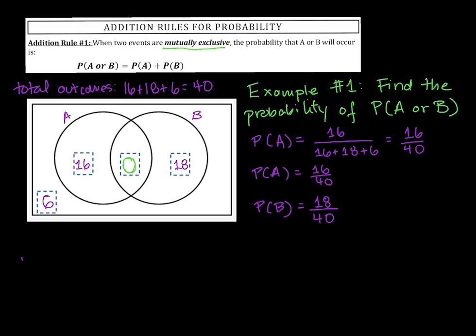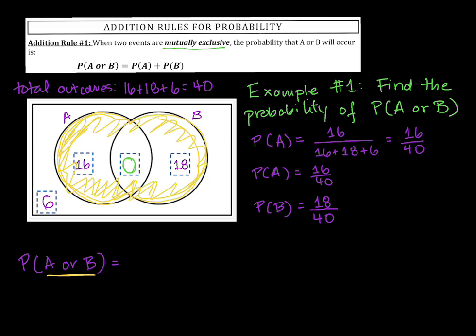So if I need to find the probability of A or B, it's just as simple as adding up the probabilities of each of them. A or B just means we're considering the probability of the events in either of them. So it's all of these events.